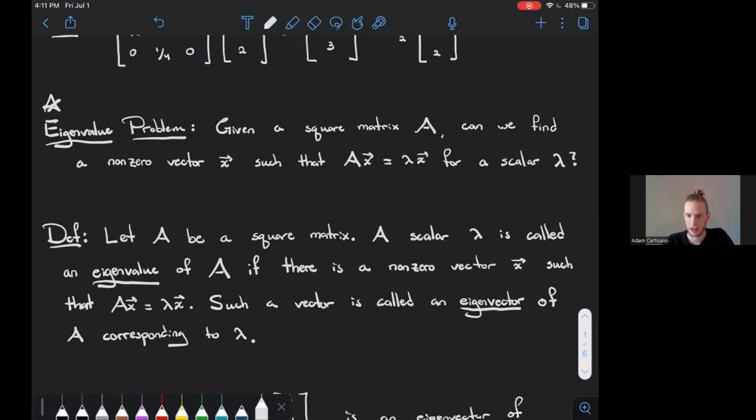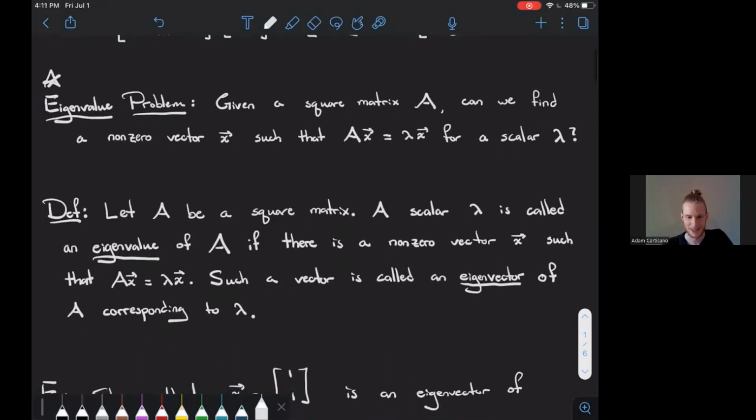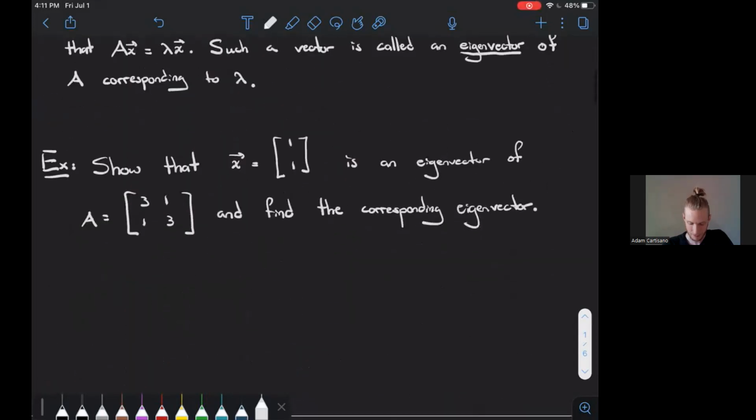But it's pronounced like eye-gun. Eigenvector, eigenvalue. Just in case you're wondering if it's Egan? No, eigenvalue, eigenvector.